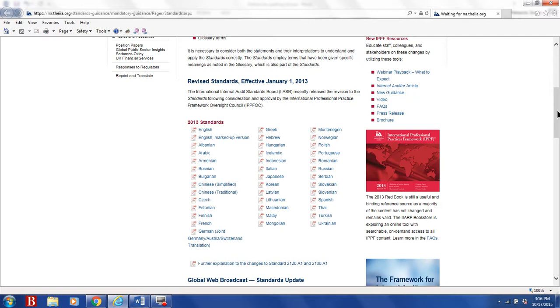Membership in the Institute of Internal Auditors is voluntary, and really the only people that would have to follow them are members of the Institute of Internal Auditors. But their work is considered best practices, so it would be pretty unusual for a medium or large size internal audit department to do something other than follow IIA standards.